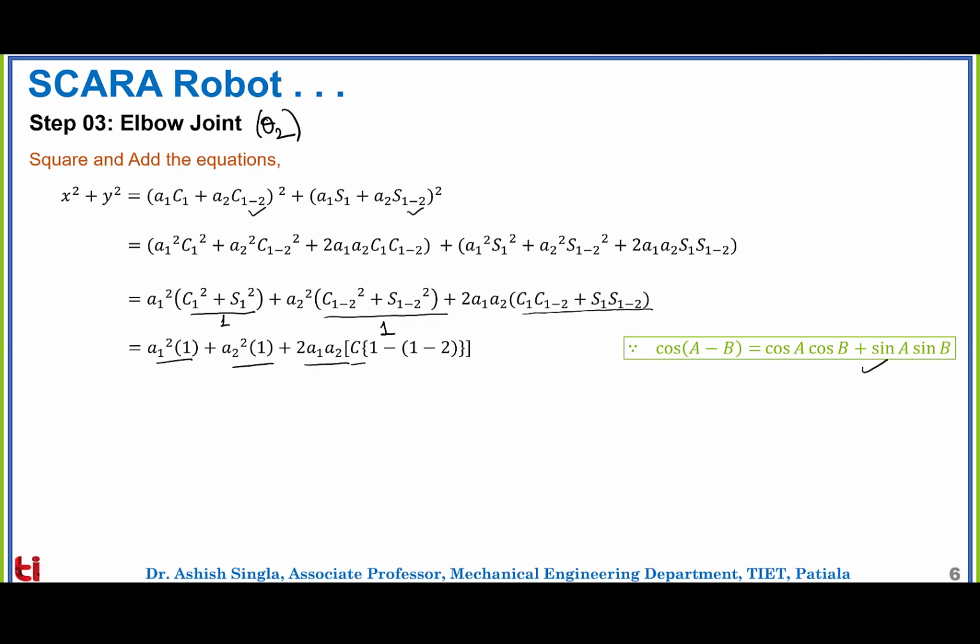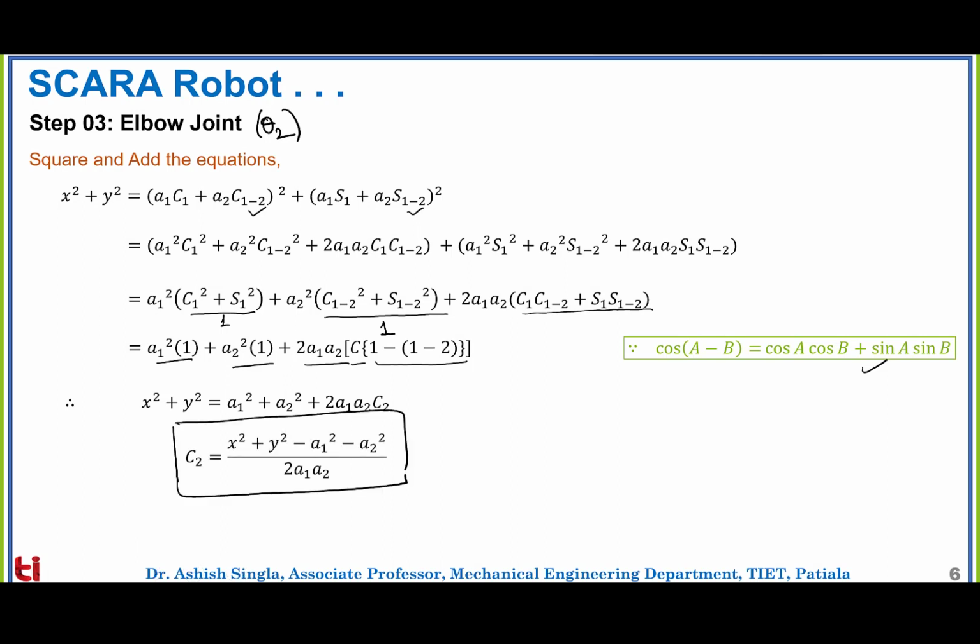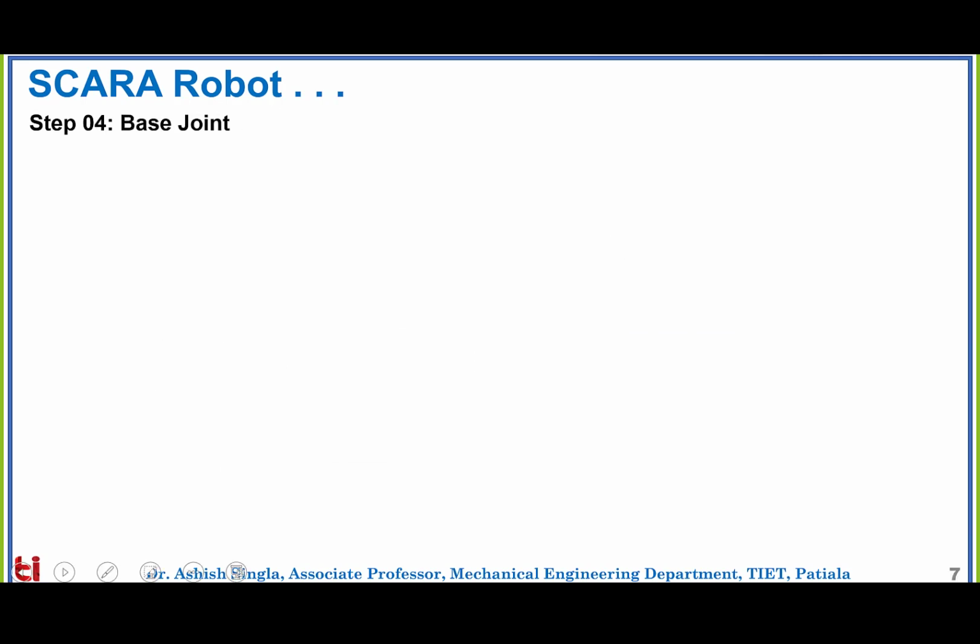This is how we can write the formula, and eventually this will be cos of theta 2. From here we can calculate C2, which is equal to x squared plus y squared minus a1 squared minus a2 squared, divided by 2 a1 a2. And theta 2 we can write as the arc cosine of (x squared plus y squared minus a1 squared minus a2 squared) over 2 a1 a2.